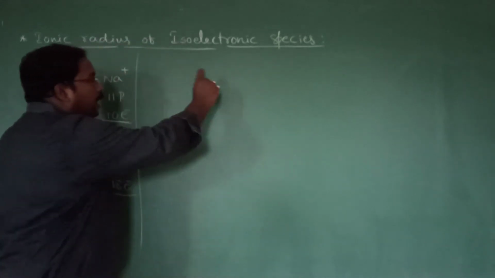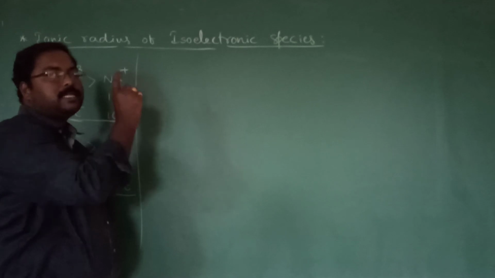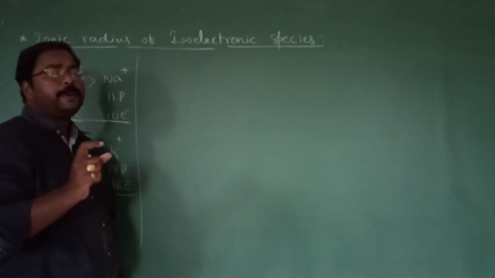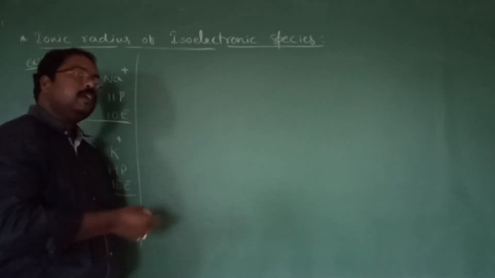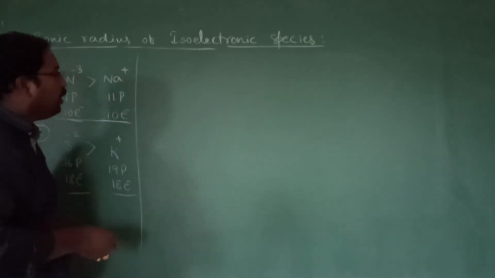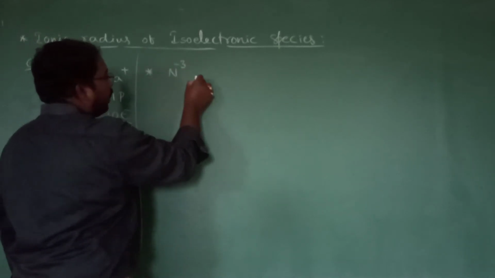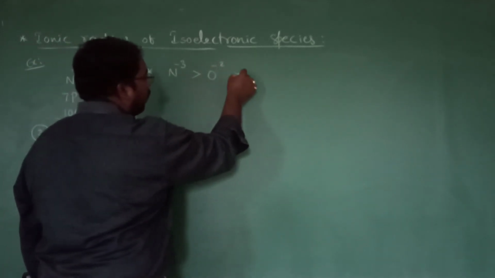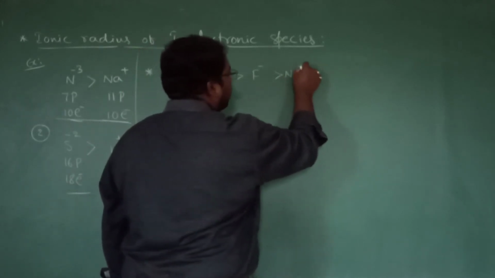Now, let us write the order of the radius in the case of those two sets of isoelectronic species. Because 99% or 100%, if you observe any previous year questions, you will get the question from these two sets of isoelectronic species. Okay? Nitride is larger in size compared to oxide ion, then fluoride, then sodium.